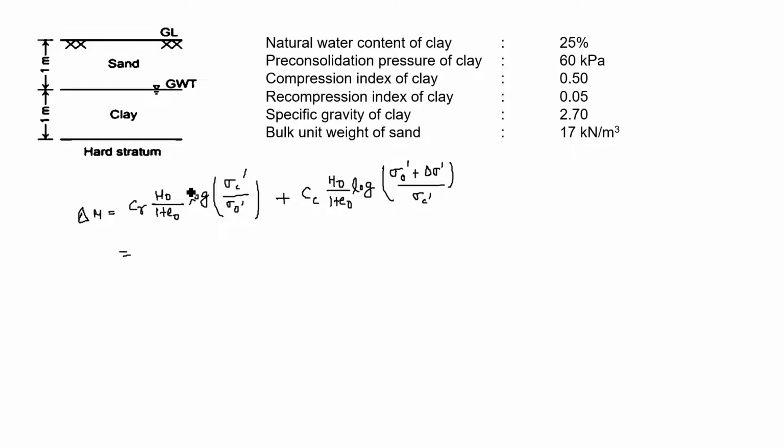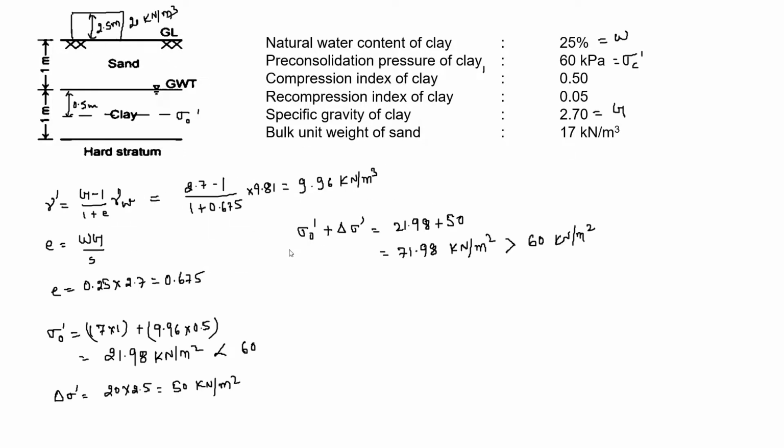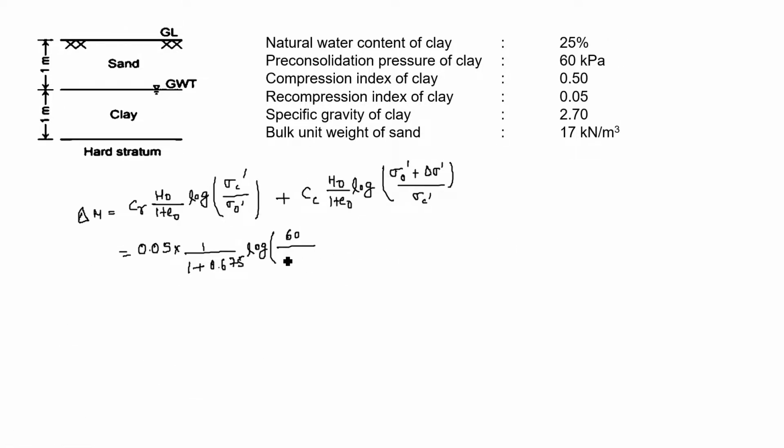Here the value of Cr, that is the recompression index, is 0.05. So this is 0.05 into H naught, where H naught is the depth of the clay layer, which is 1 meter, divided by 1 plus e naught. We have just computed e naught as 0.675, into log of sigma c dash, which is 60 kilopascal, divided by sigma naught dash, which we calculated as 21.98.